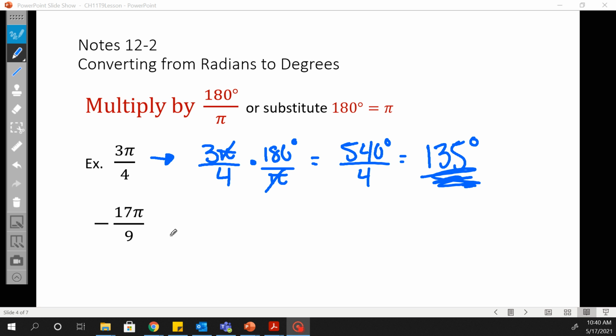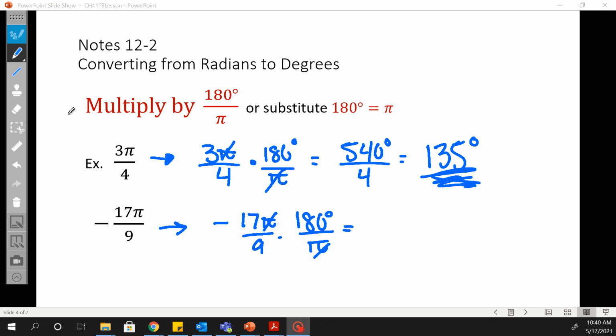I want to do negative 17 pi over 9, same thing. So negative 17 pi over 9 times 180 degrees over pi. Pi's cancel. So I got negative 17 times 180.